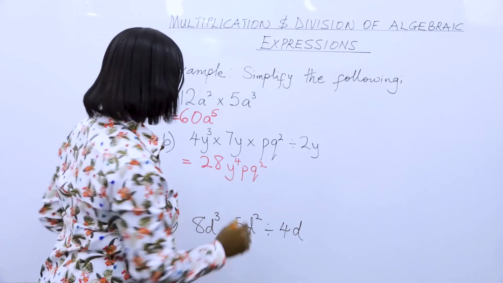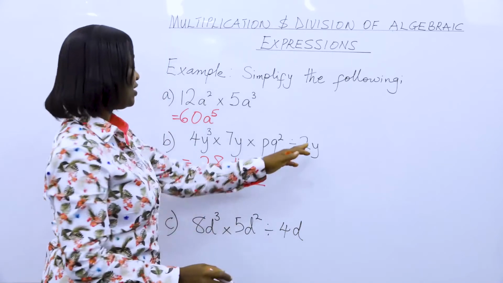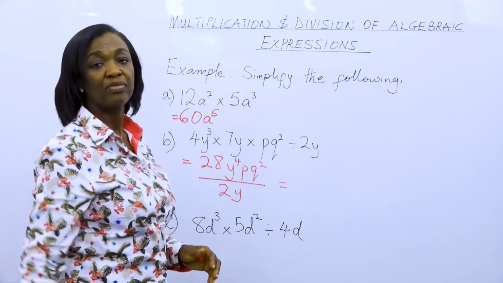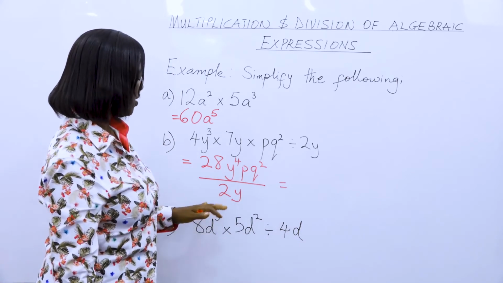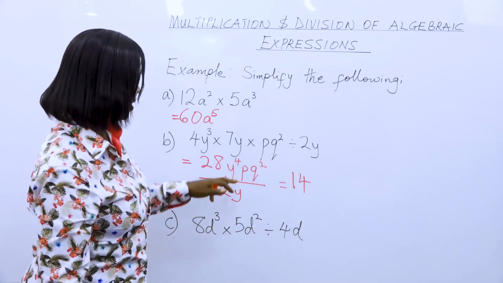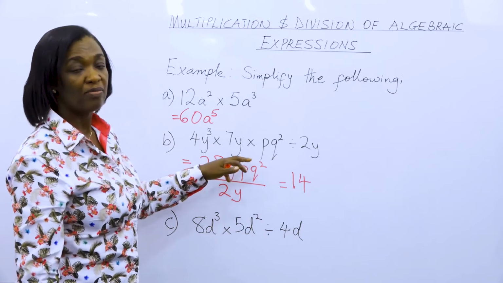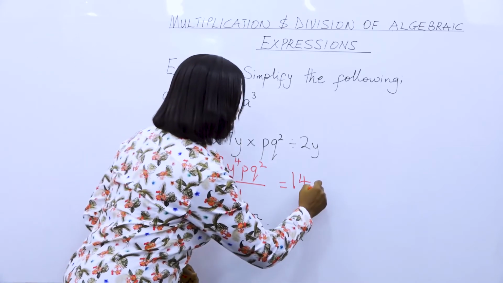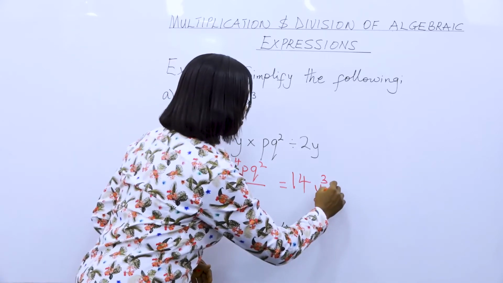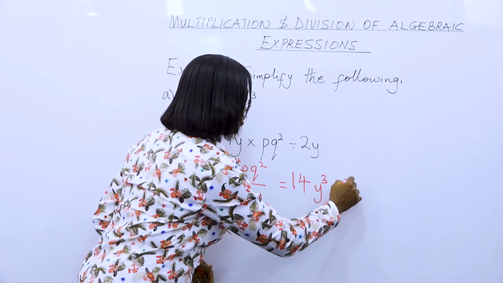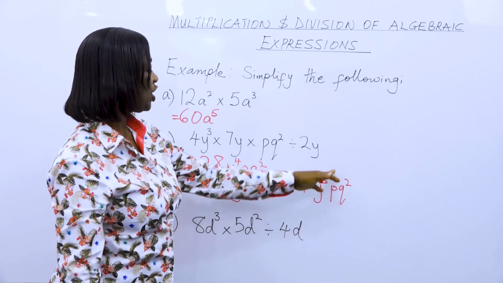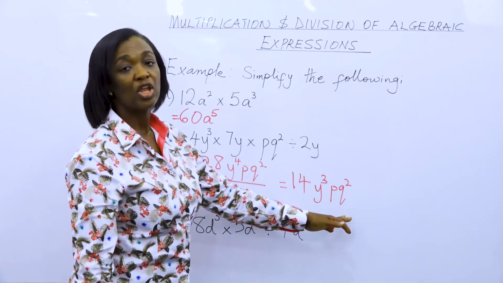And then we are dividing this by 2y. And that will give us 28 divided by 2 is equal to 14. This is y to power 4 divided by y, so we'll have y cubed, and we still have the p q squared. So the answer is 14y cubed p q squared.